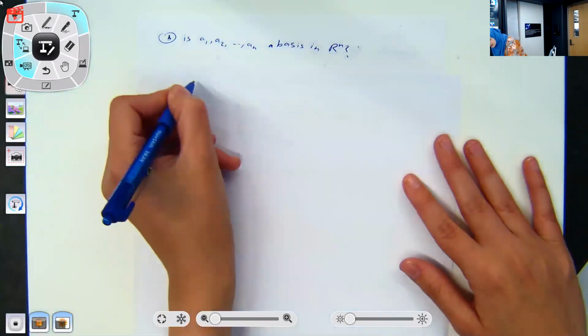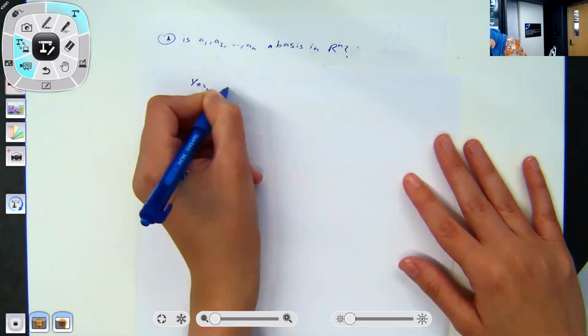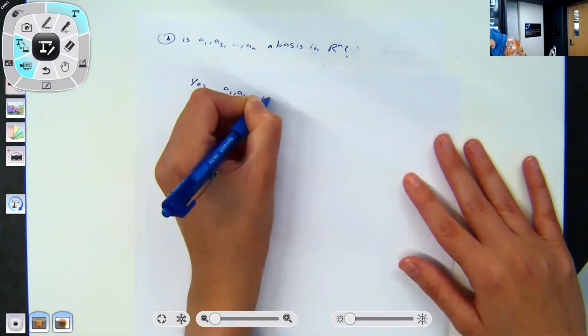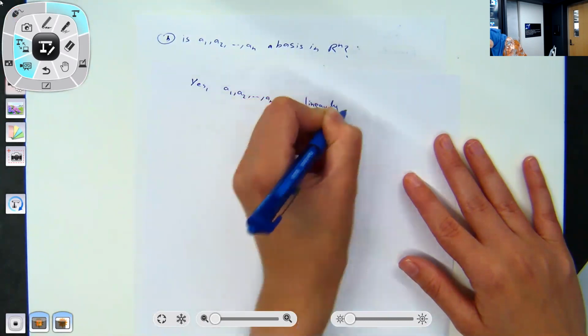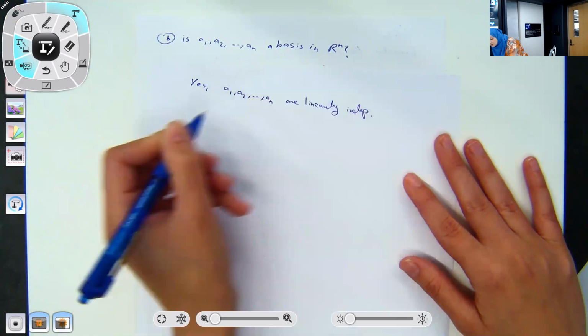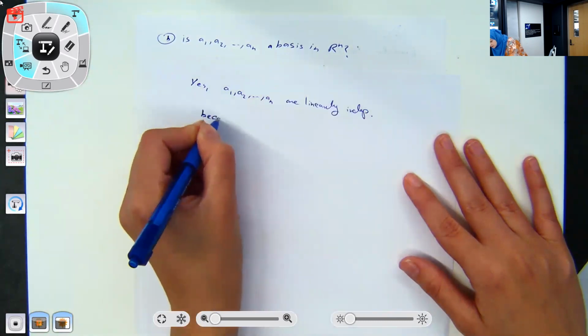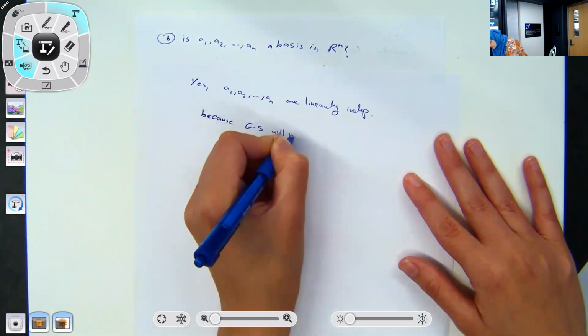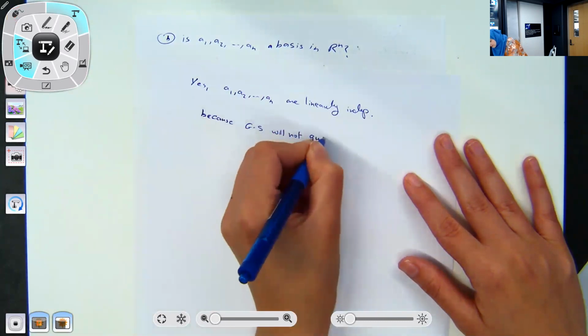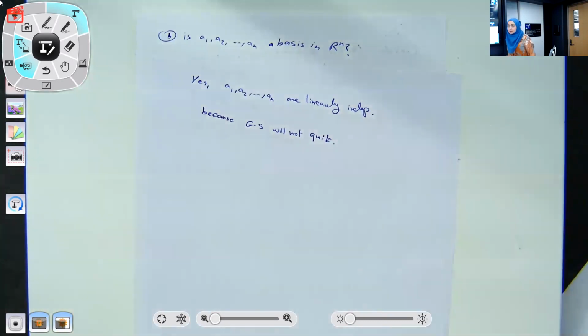So we can say yes, because A1, A2 up to An are linearly independent, because Gram-Schmidt will not quit or terminate. So yes, they can make a basis.